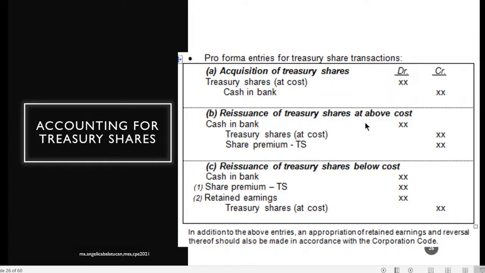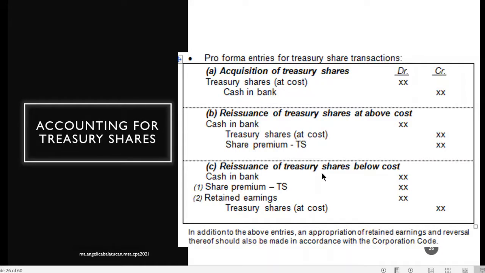So if it is at above sa cost ani niya pag-acquire nato, so magdebit ta og cash or cash in bank and we close the treasury shares at cost and the excess of the consideration received and the cost of the treasury shares will be credited to share premium treasury shares.